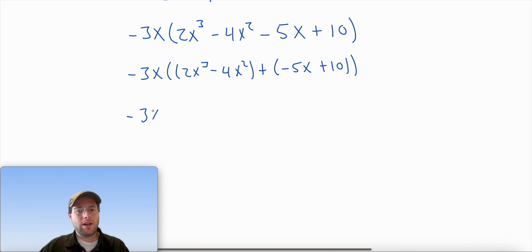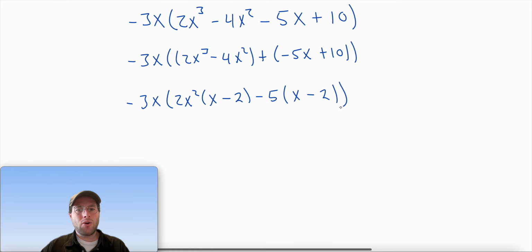So we'll have negative 3x times, taking out that greatest common factor from the first one, which will be, let's see, 2x squared, which leaves us with x minus 2. And then the greatest common factor from the second one, we can take out a negative 5, minus 5 times, and that will leave us with an x minus 2.